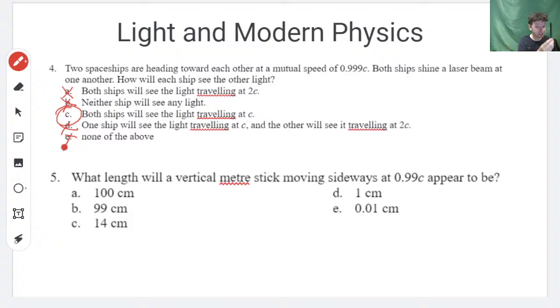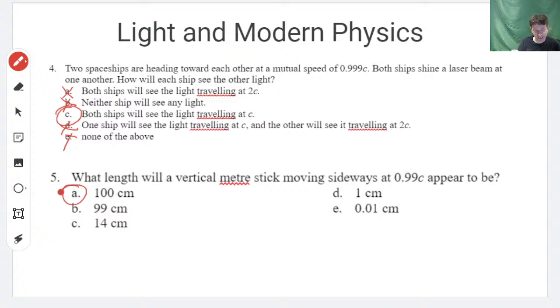Length contraction occurs in the direction it's traveling in. So if this is a meter long, it will still appear to be a meter long. It's this that's going to contract, which would be the width of a ruler, not its length. So we're still going to measure the meter stick at 100 centimeters. It will not be less than that.